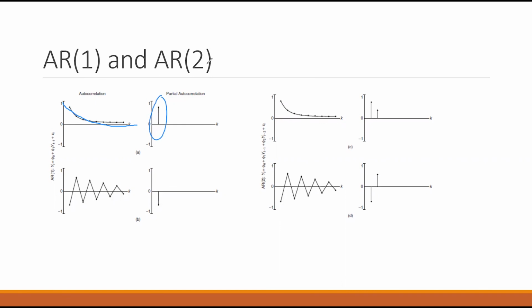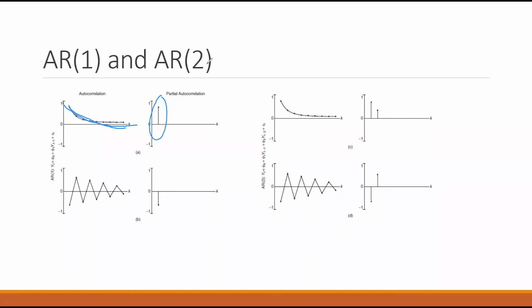When we say cut off, that means we basically see one major autocorrelation, and then for the rest, they're virtually 0. Of course, we sometimes don't really get 0, but they're pretty much close to 0. And for dying off, what we would observe is the autocorrelation is decreasing gradually over the lags.